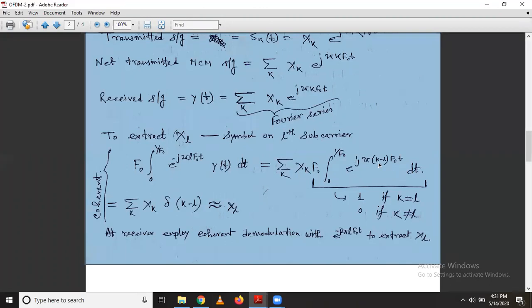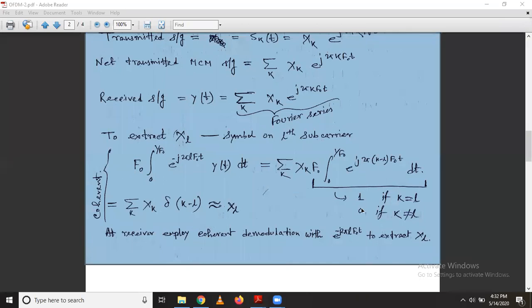Now k and L, if both are equal, then this part will give you 1. If these are not equal, then it will be 0.